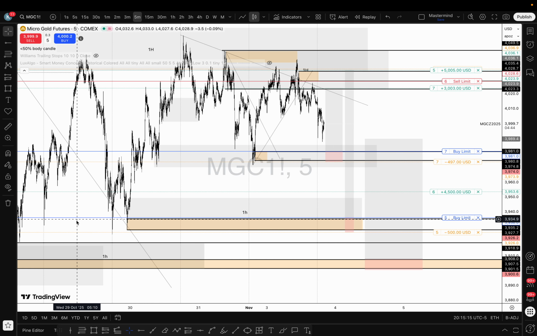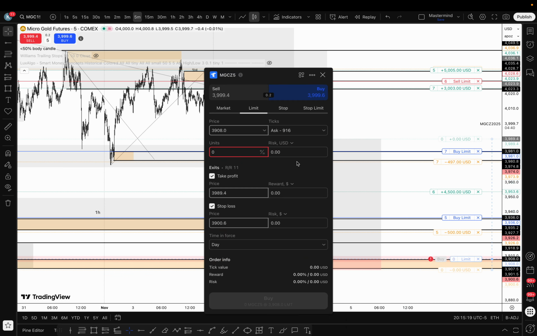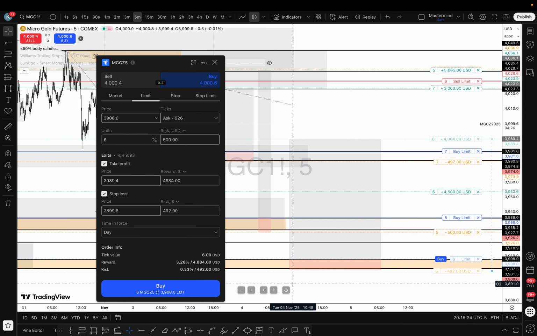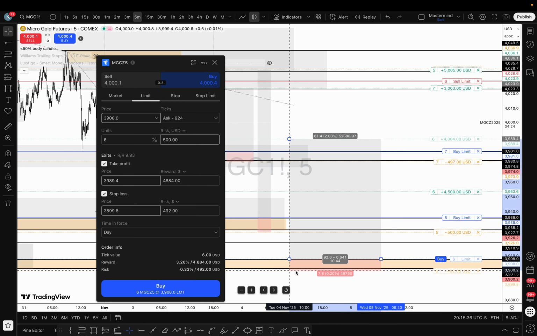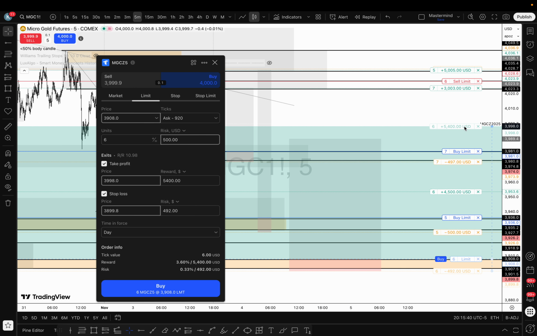This trade could make it back to the highs, so we'll set it at 11R, which would be above 5,500.